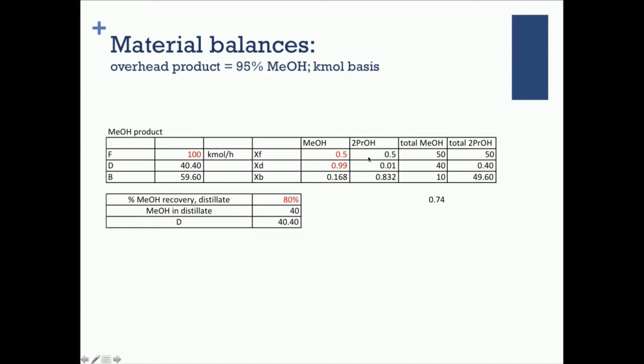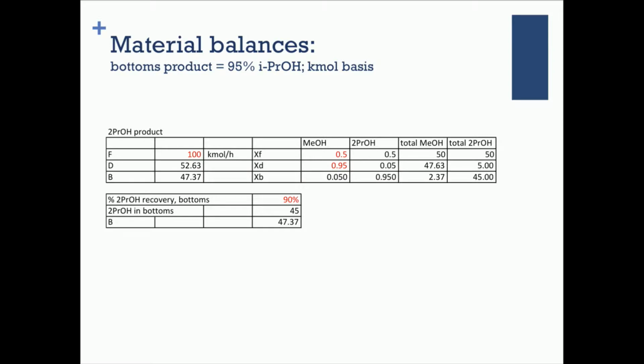If it's 99% methanol and we are recovering 80% of the methanol in the distillate, the total methanol coming out would be 40%, and that is that balance. If we're going to make the bottom product, let's suppose we made a bottom product of 95% isopropanol, this is the material balance.